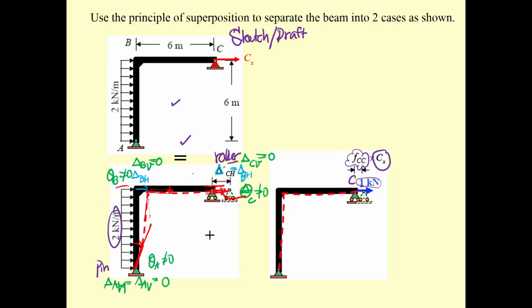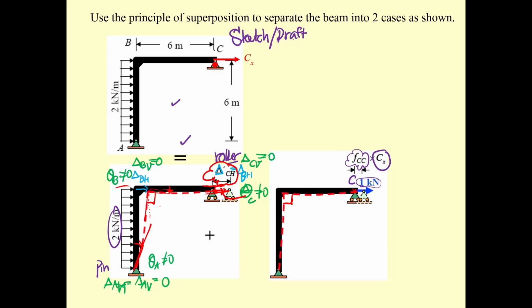Now, what do you focus on? You focus on the deformation at point C in the horizontal direction. And also, since this frame is subjected to the force, you should draw the elastic curve with reasonable accuracy. I mean reasonable accuracy. I don't think it's going to be completely correct.